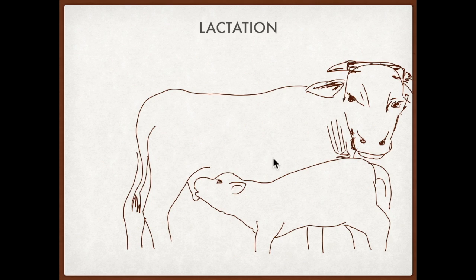All right, the last one here is lactation. Okay, so in any mammal, what happens during pregnancy is that there's another hormone that's called prolactin. That hormone is going to cause the swelling of the mammary gland, and you're going to have milk production start to occur within that female.